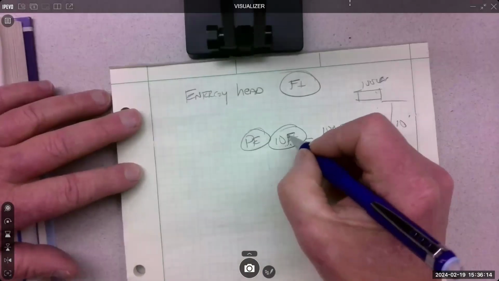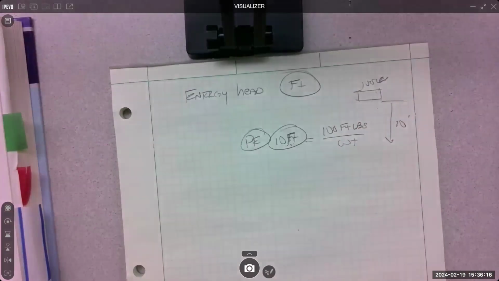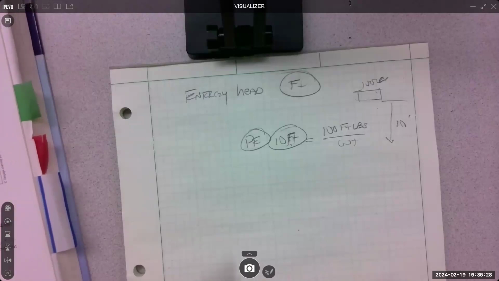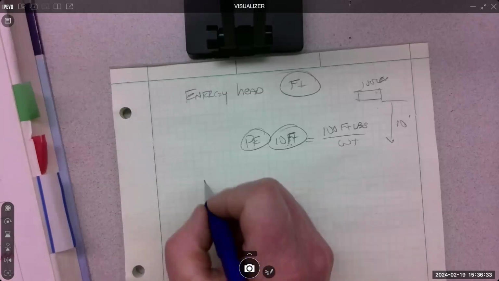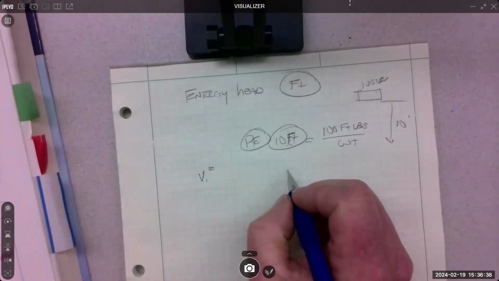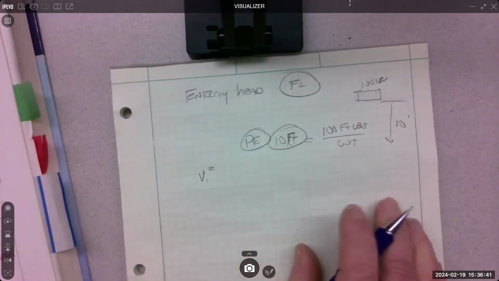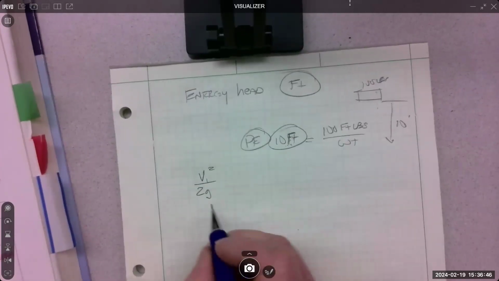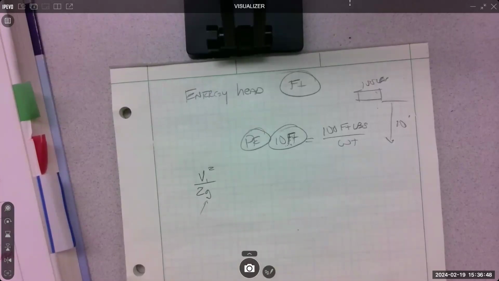So we do that with each one of our energy states, and it boils down to that equation that I just showed you. For example, if you have velocity going on, then velocity is v squared. It could be v1 but it might also be v2, so you might have velocity on both sides, divided by 2g. G is the gravitational constant.